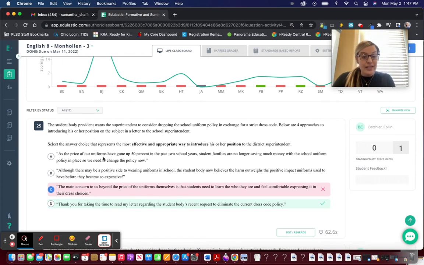Select the answer choice that represents the most effective and appropriate way to introduce his or her position, how they feel about it, to the district superintendent. This student thought it was C. C says the main concern beyond the price of the uniforms themselves is that the students need to learn who they are and feel comfortable expressing it in their dress choices.